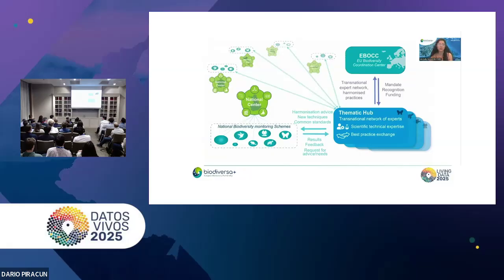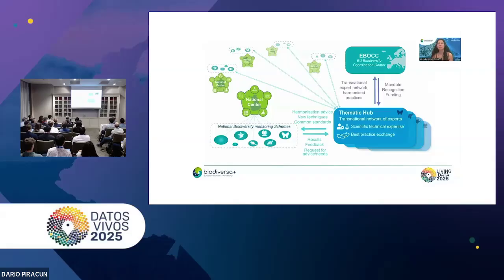So for us in Biodiversity Plus, these thematic hubs are transnational networks of experts focused on specific themes. So let's say butterflies, marine turtles, forest biodiversity, you have here the tiny icons. And they would enable scaling from local and national to continental results, aggregating the results with meaningful comparability. And these hubs would be both technical and social.